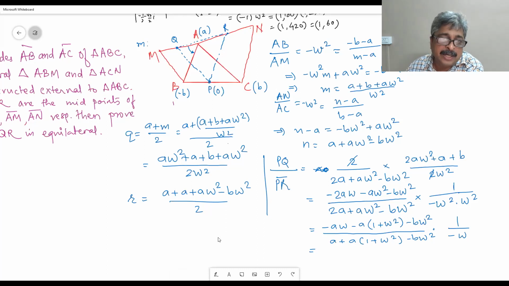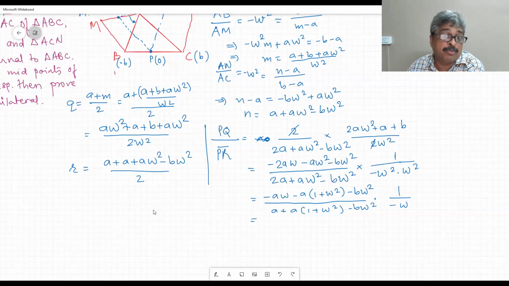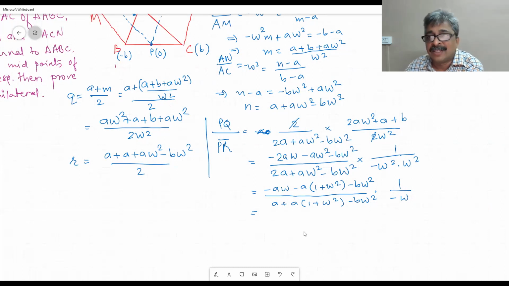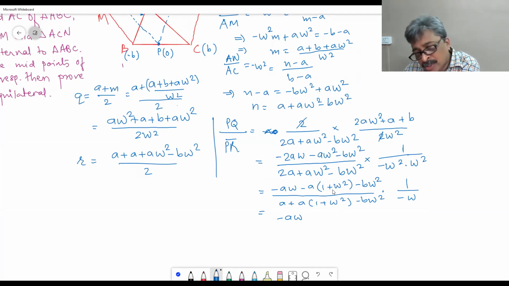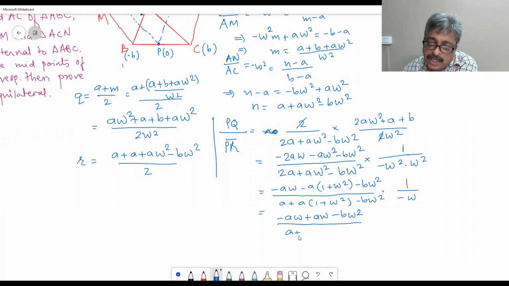Maybe I will say at the end of this proof that this should not have been done like this, okay? But anyway, now having entered, I cannot leave, so let me cross check. What can I do now? I should replace minus a omega. Now this is minus omega, so this is plus a omega. Are you getting this? Minus minus plus, minus b omega square upon a plus, this is minus omega again.